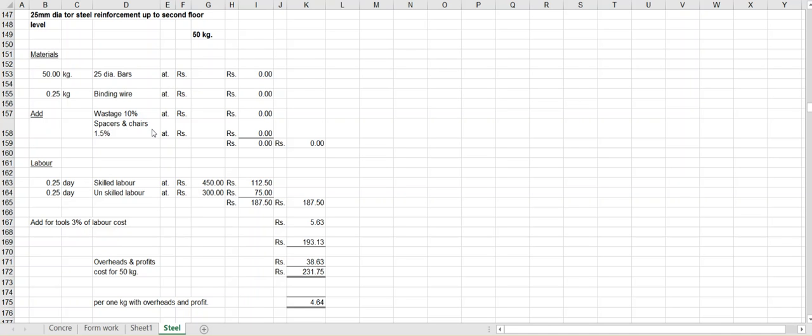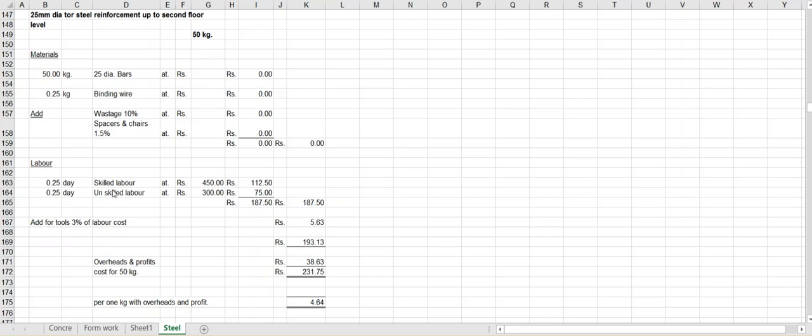But if you are having more spacers or more chairs, then you will need to add a higher percentage. So it depends. For this work item, 1.5 percent has been added, so for the calculation, we will use the same thing.